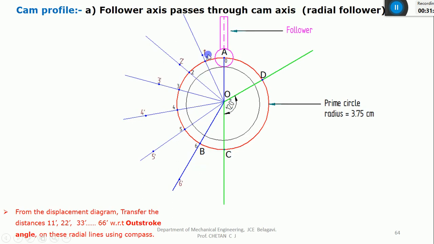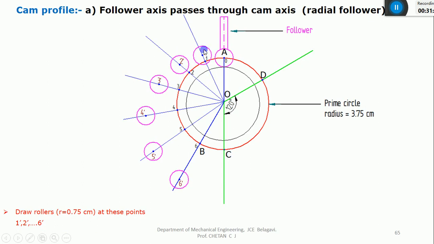We'll get 6 more points, 1 dash, 2 dash, 3 dash, 4 dash on these radial lines. And the reference is again the points 1, 2, 3, 4, 5, 6 with respect to the prime circle only, not the base circle. And I'll draw the rollers by taking the center as 1 dash, 2 dash up to 6 dash, with a radius of 0.75 centimeter.